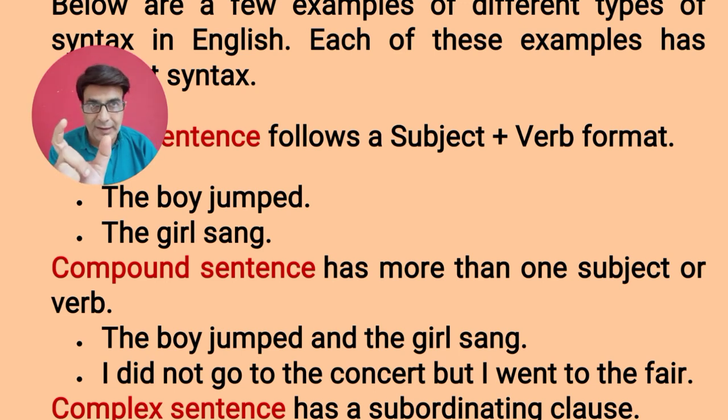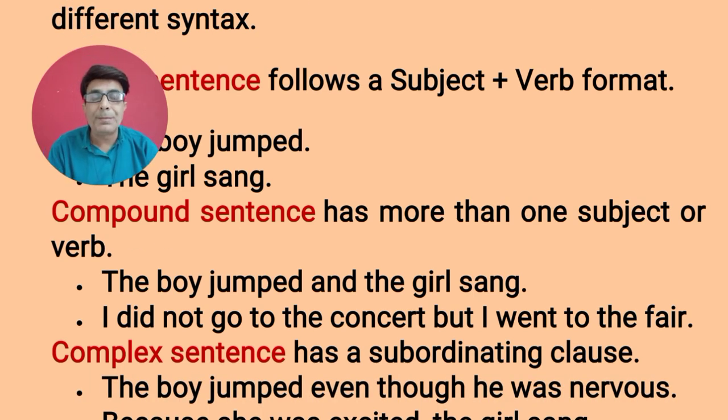This is one sentence. The girl sang. This is another sentence. But with a conjunction and, you can join these two sentences to make a compound sentence. You can say the boy jumped and the girl sang.